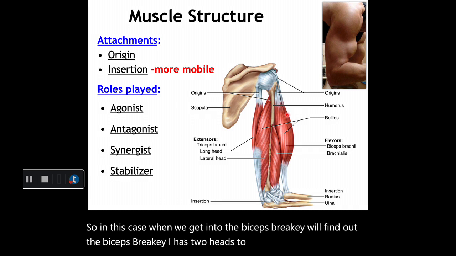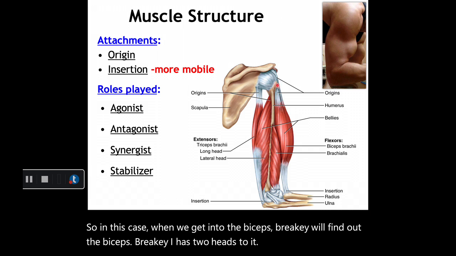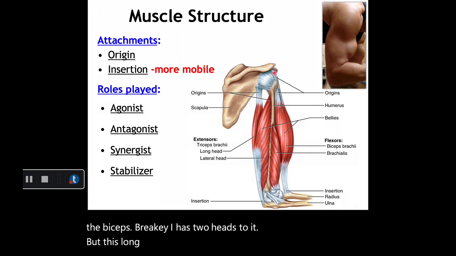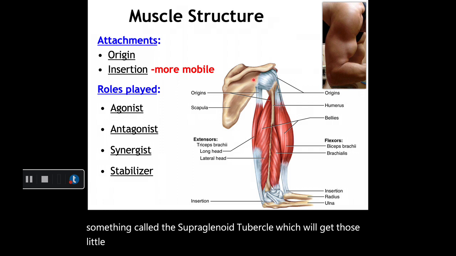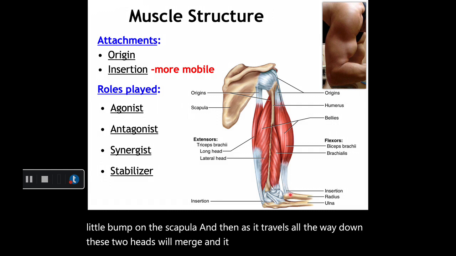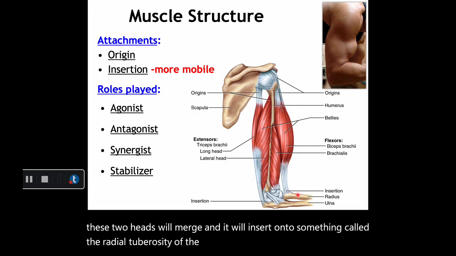But this long head of the biceps brachii, it originates from something called the supraglenoid tubercle, which we'll get to. There's a little bump on the scapula. Right? And then as it travels all the way down, these two heads will merge and it will insert onto something called the radial tuberosity of the radius, one of the bones in our forearm.